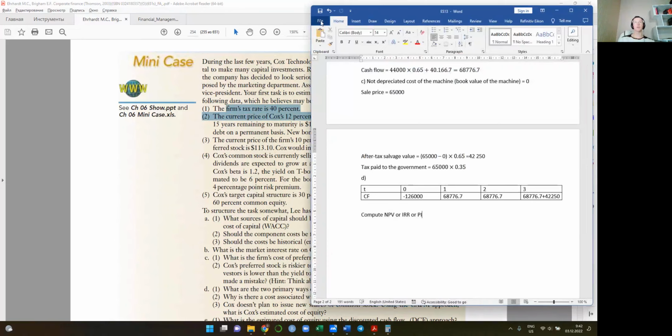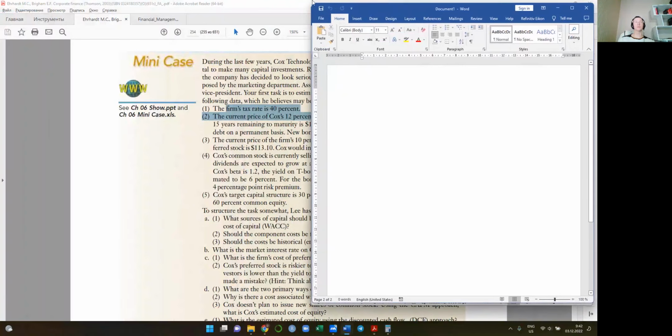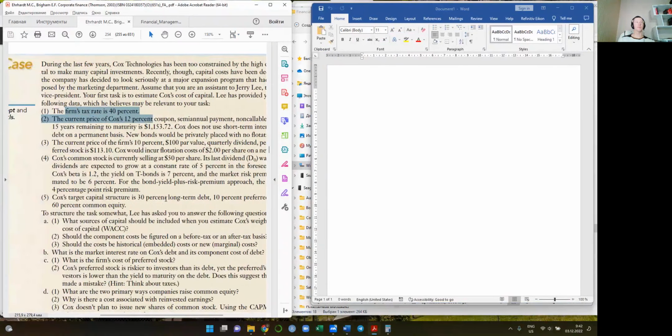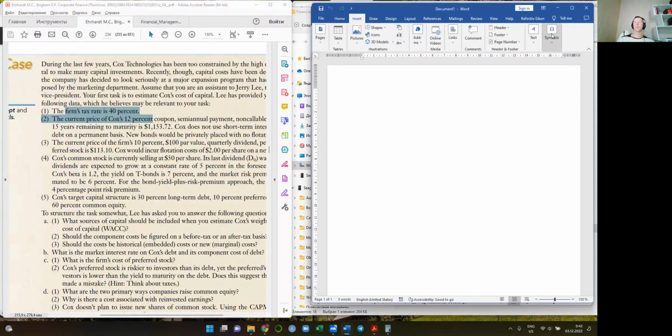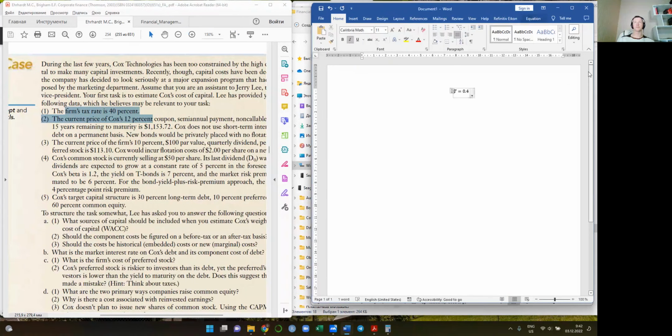cost of capital. For the cost of capital, we need the interest rate. So let's start writing down what is given for us. So T is 0.4. Then what do we know?